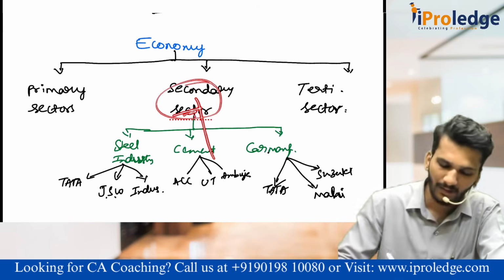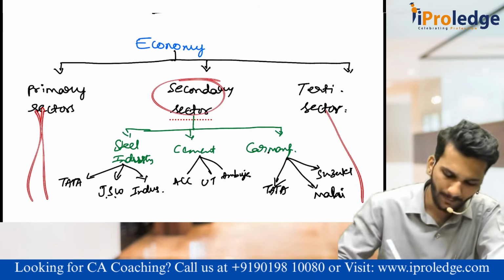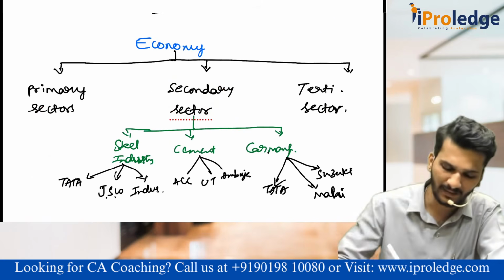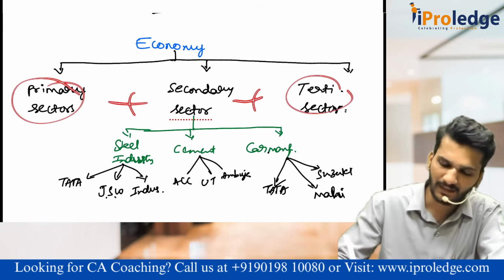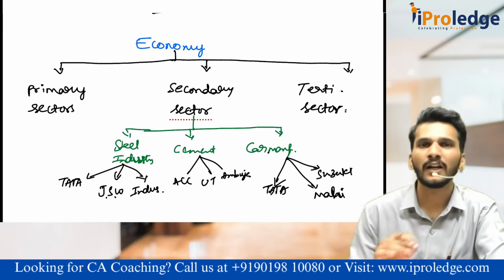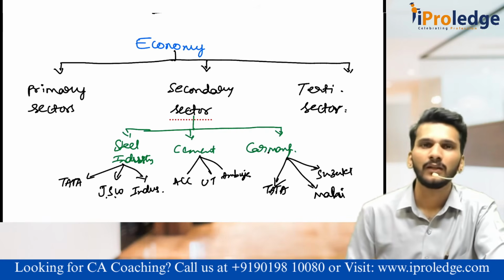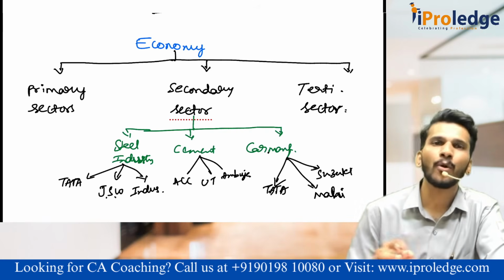Yes, sir, we get it. When I total the secondary sector, the same way I'll go from bottom to up for the primary as well as the tertiary sector. Primary plus secondary plus tertiary. We call it the total value of goods and services produced in a country, in an economy. This is how we calculate the GDP in an economy using the production method.